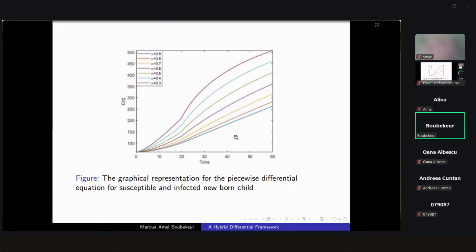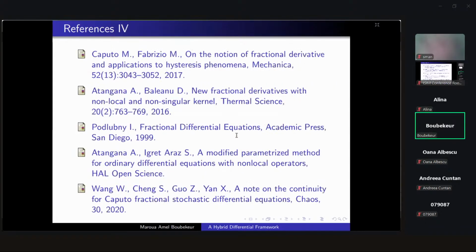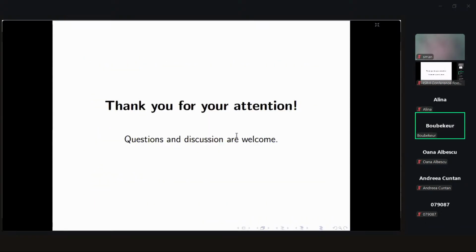The study considers this scenario using a new concept called piecewise differential equations to prove the dynamics of this epidemic. These are some references. And thank you for your attention.